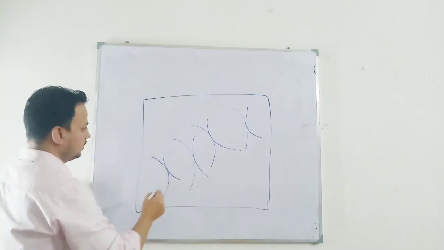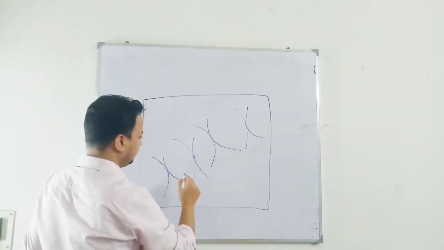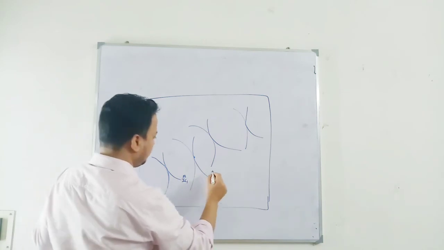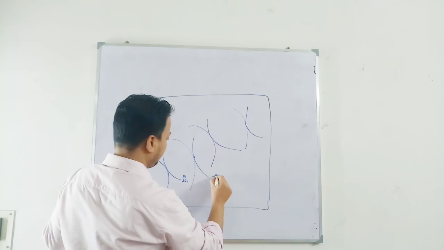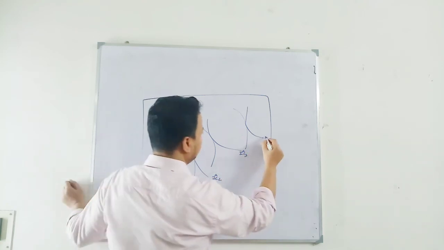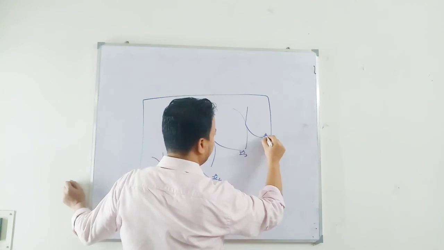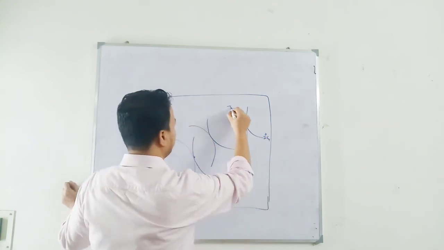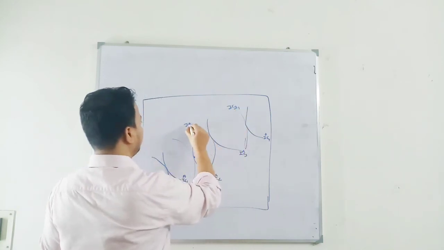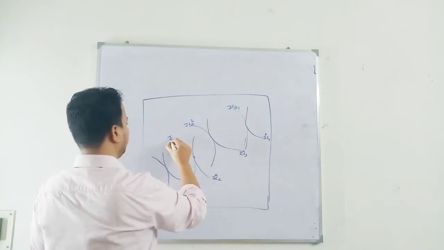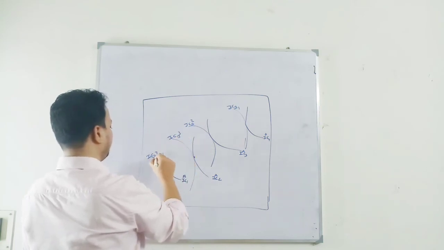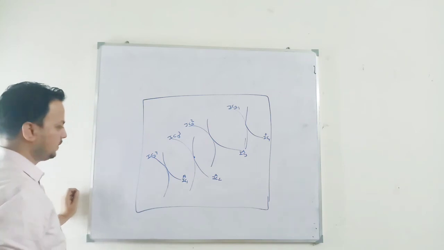So this is the indifference curve of A1, this is the indifference curve of A2, this is A3, and this is A4. And this is the indifference curve of B1, B2, B3, B4. So this is a high level of satisfaction.